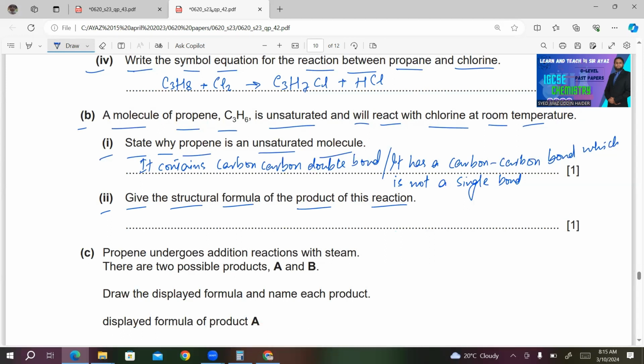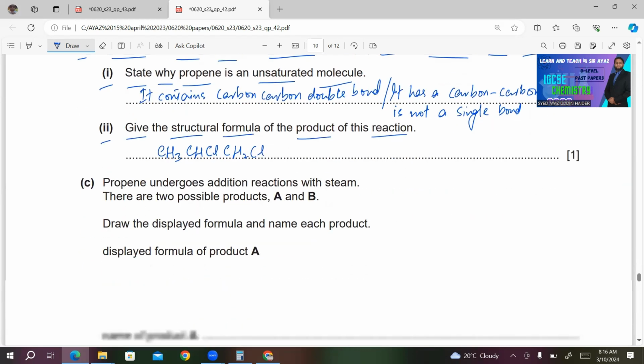The formula will be like this: CH3, CHCl. You have to add the chlorine atoms to 2 different carbon atoms. The chlorine molecule will not attach to a single carbon atom. It will go to 2 different carbon atoms, especially those having the double bond. CHCl, and we will get CH2Cl. This will be the final formula.